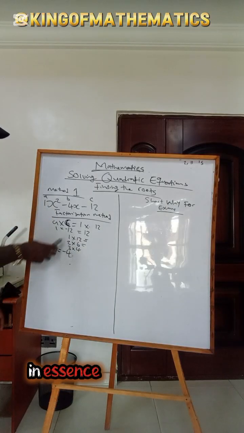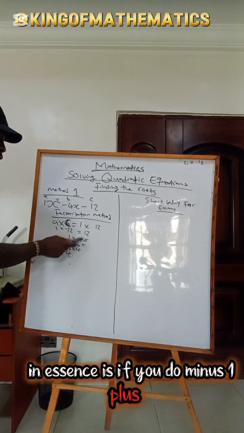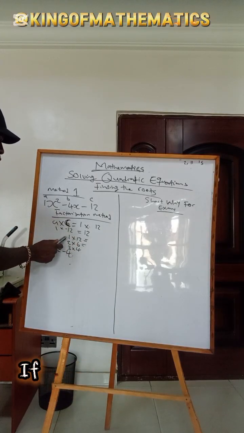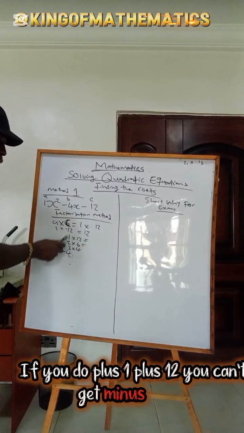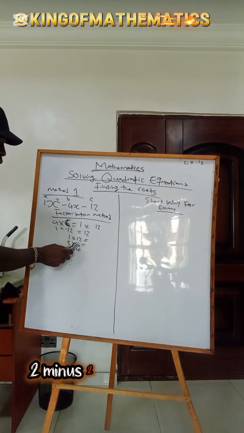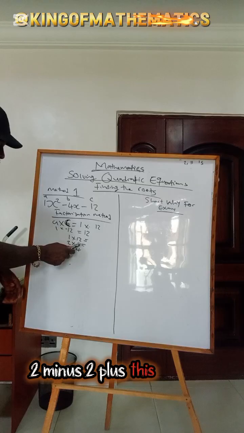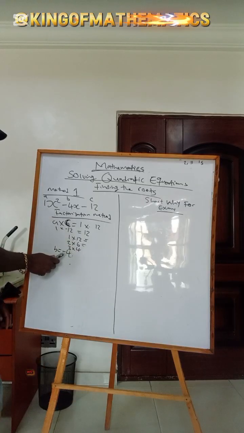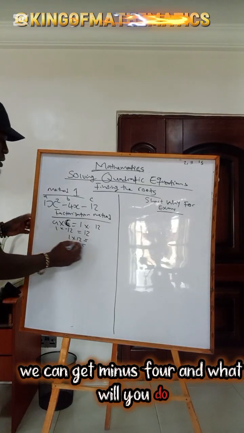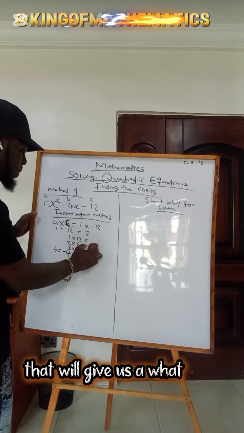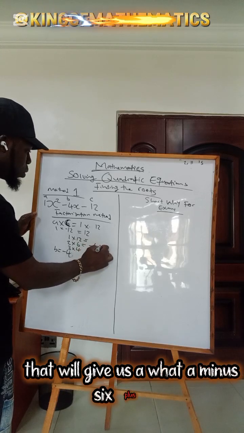What I am saying in essence is, if you do minus 1 plus 12, there's no way you get minus 4. If you do plus 1 plus 12, you can't get minus 4. But here, from this second pair, you can get minus 4. And what will that give us? Minus 6 plus 2.